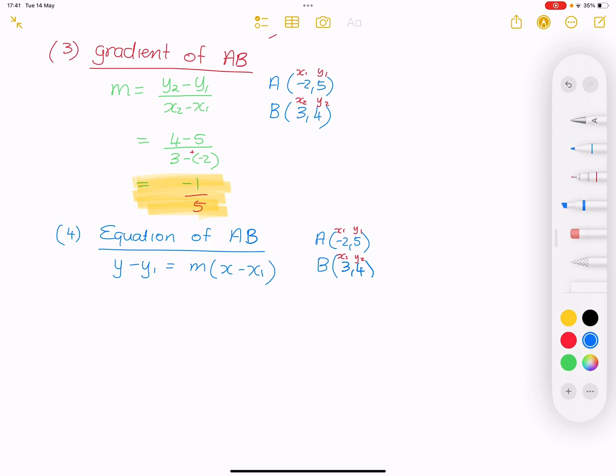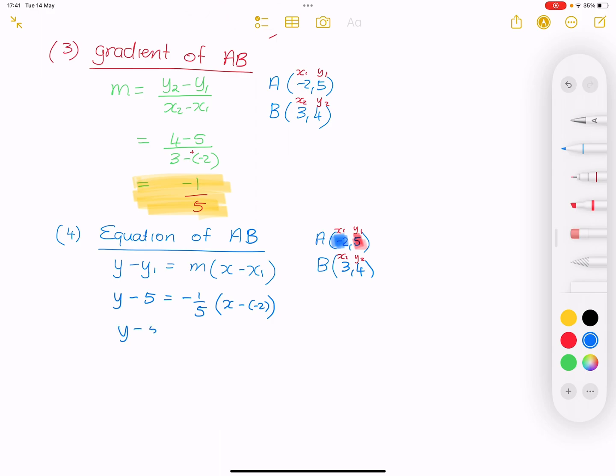We use the x value there, and we use the y value there. Do you see? Yes, ma'am. And now we substitute. We have y minus 5 equals minus 1/5 times x minus 2.